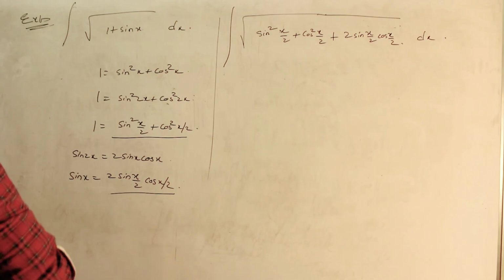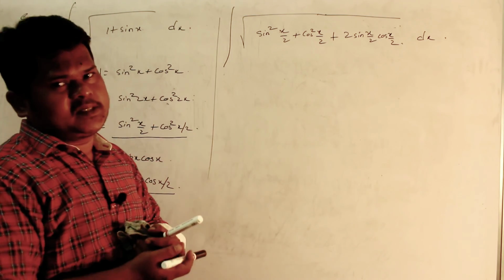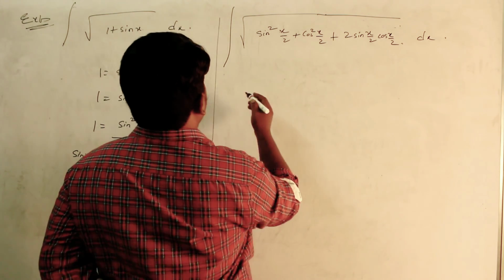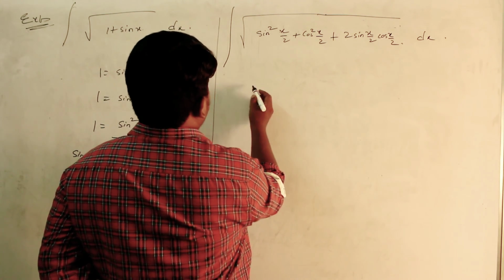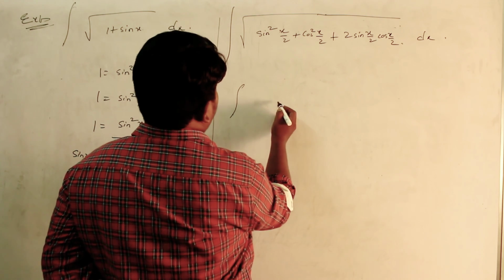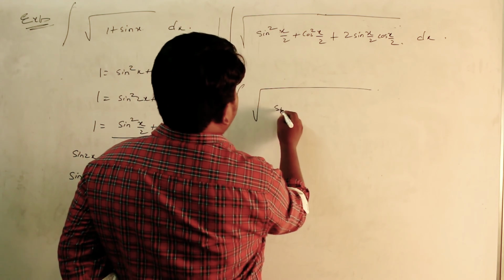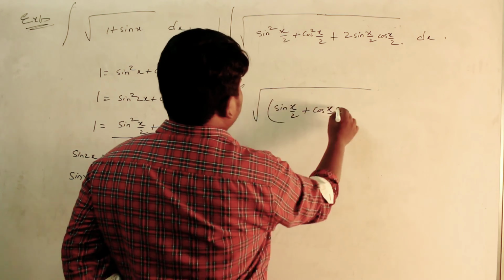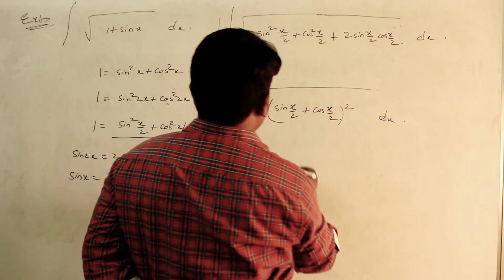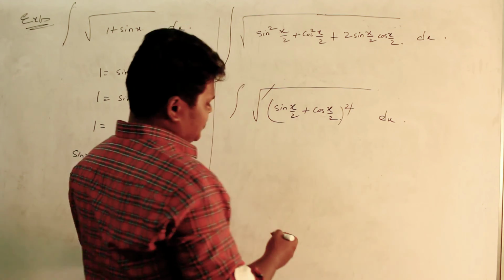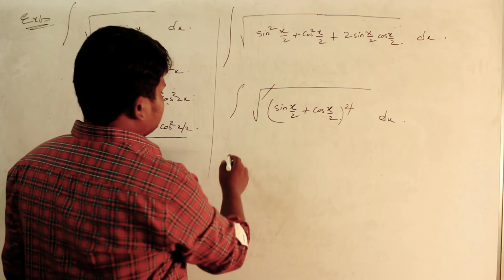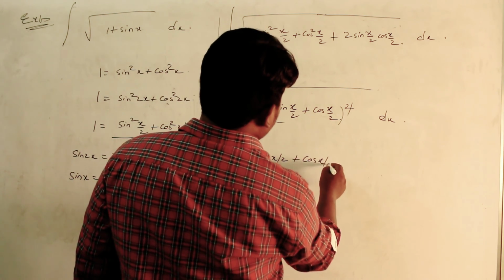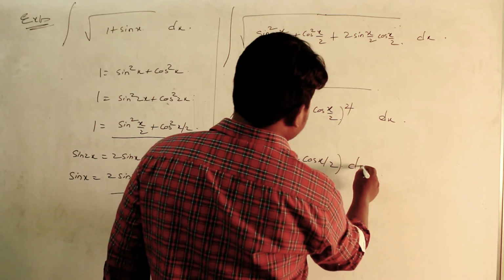Now definitely I can say this is in the form of (sin a plus cos b) whole square. Therefore, integration of square root of (sin x by 2 plus cos x by 2) whole square into dx. The square and the root get cancelled. Therefore, integration of (sin x by 2 plus cos x by 2) into dx.